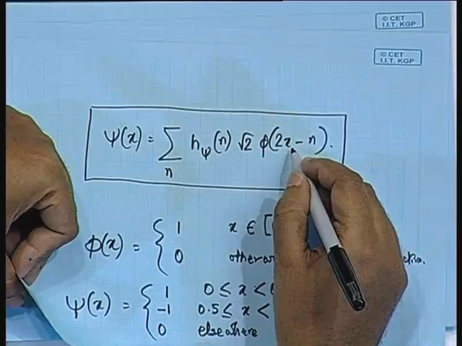So, n is replacing this x. Please do not get confused with the earlier notation and this notation. The shift parameter I will call, let us say, r.